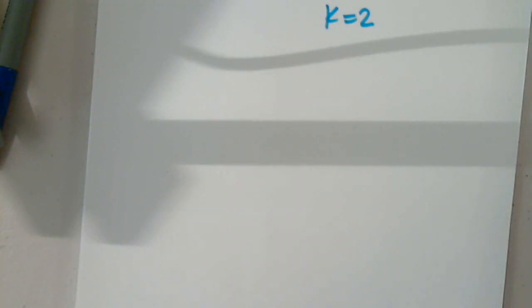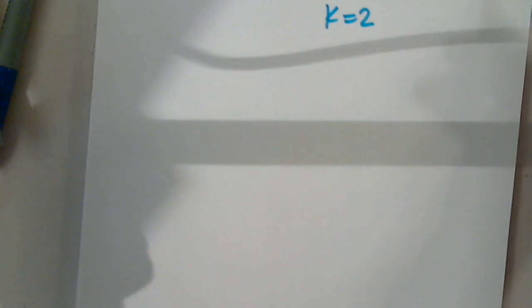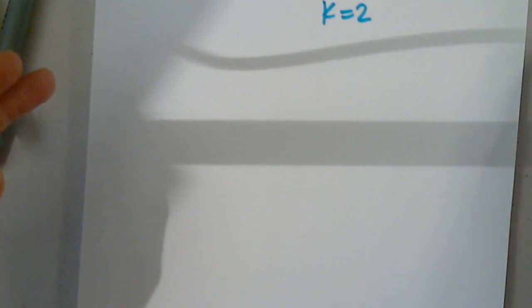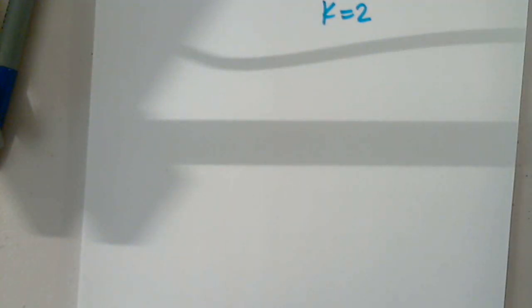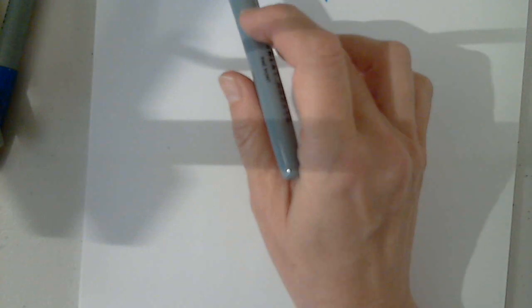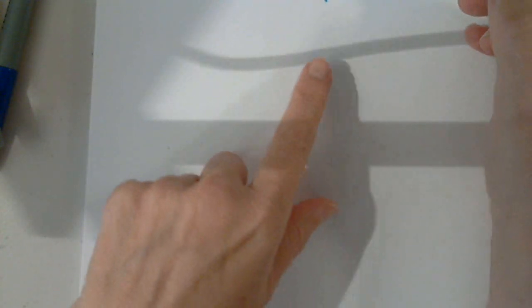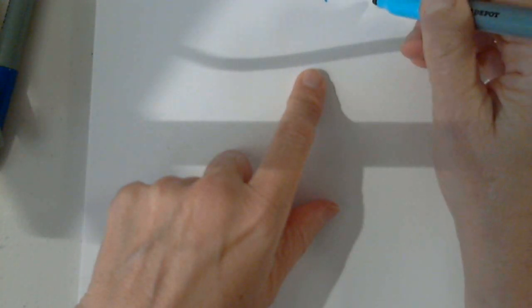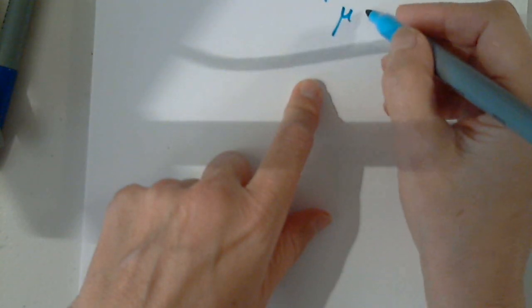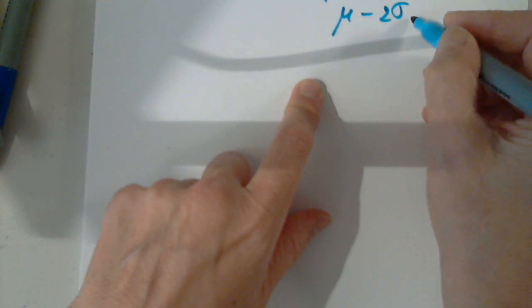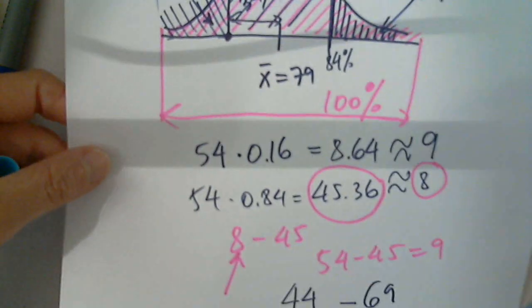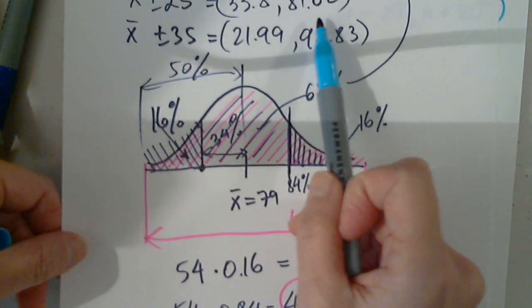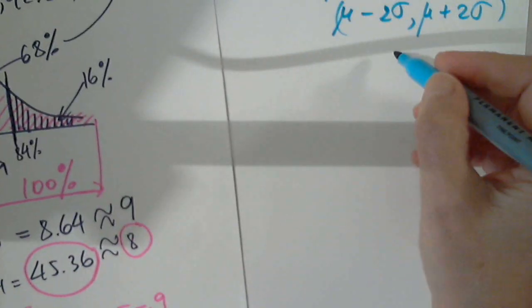So now we know that for k equals 2, it will definitely work because the data is bell-shaped. But let's see what percentage we get. We don't have to calculate anything. So when k is 2, then we have mu minus 2 sigma and mu plus 2 sigma. And we know that our data set is bell-shaped, so the percentage should be 95%.